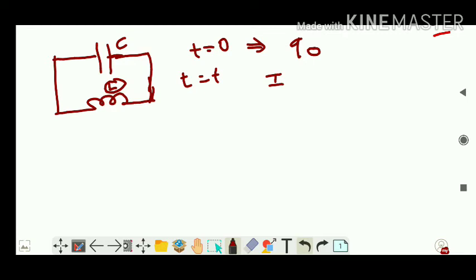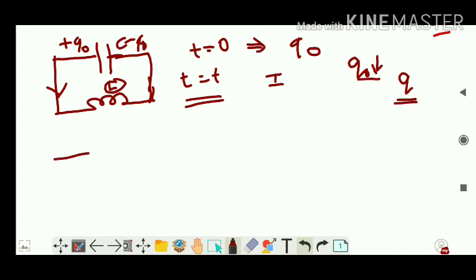Initially, suppose I draw here plus Q0, minus Q0 as the full charge condition, and there was a current flow because the charge is reducing from the Q0 value. Suppose at t equal to t, the charge has been reduced from Q0 to some value q. How would I draw that circuit?